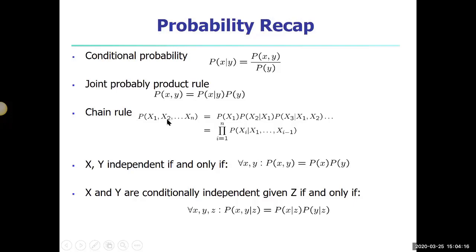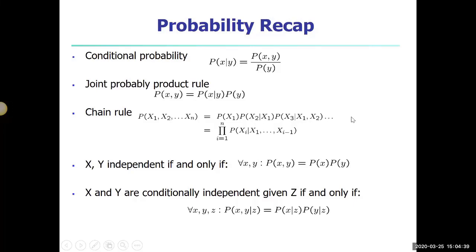The chain rule applies when you have lots of variables and you want to find the joint probability of all those variables co-occurring. The idea again is to apply this basic rule: what's the probability for x1 to occur, times the probability that when x1 occurs, x2 occurs, times the probability that when x1 and x2 occur, x3 occurs.